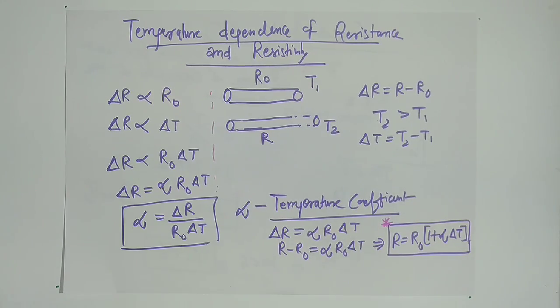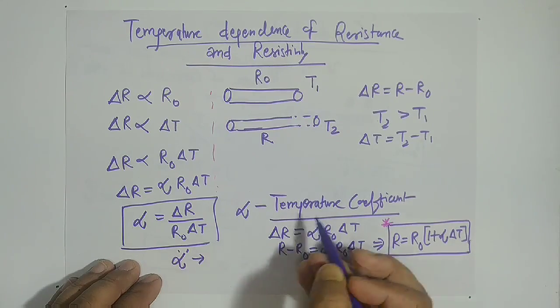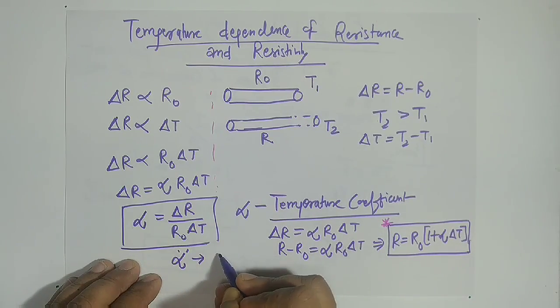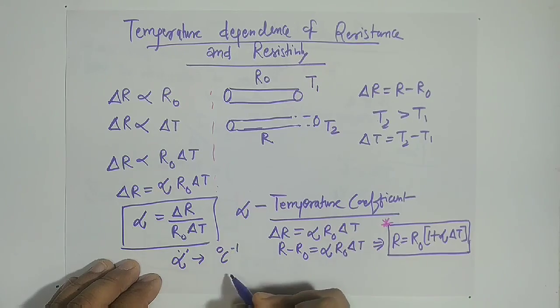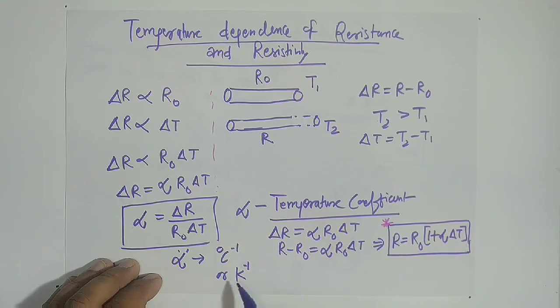The resistance increases with the temperature in case of a conductor, and alpha is the temperature coefficient. Its SI unit is degree Celsius inverse or Kelvin inverse. Generally we use degree Celsius inverse. So these are the units.